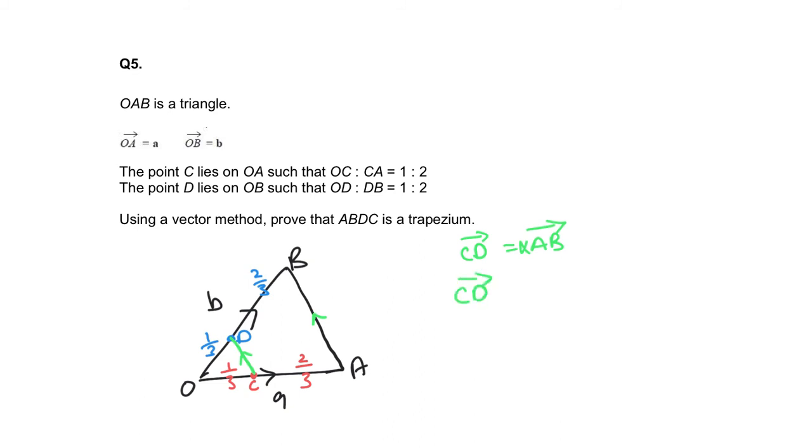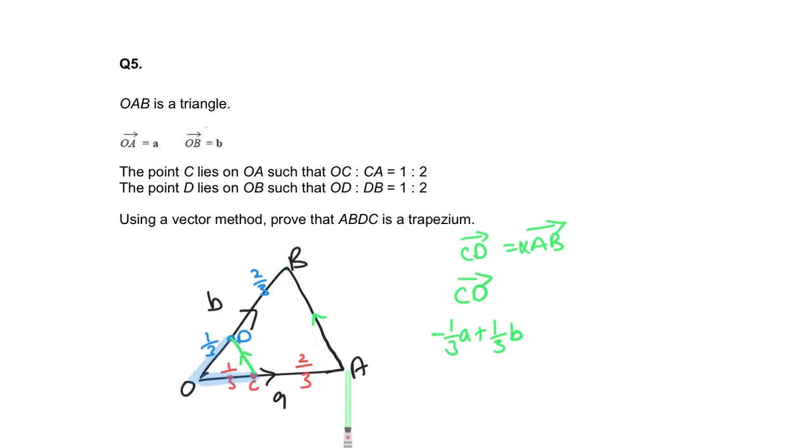So to get from C to D, in that direction, I'm going to go negative this way. So negative a third A plus a third B. Then to get from A to B, well, this is easy.